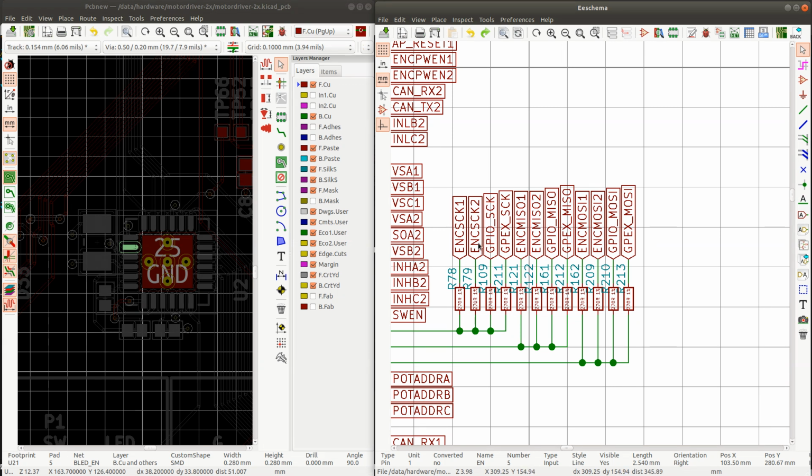So I could check the signals on R79 and R122, and then just moving on here.